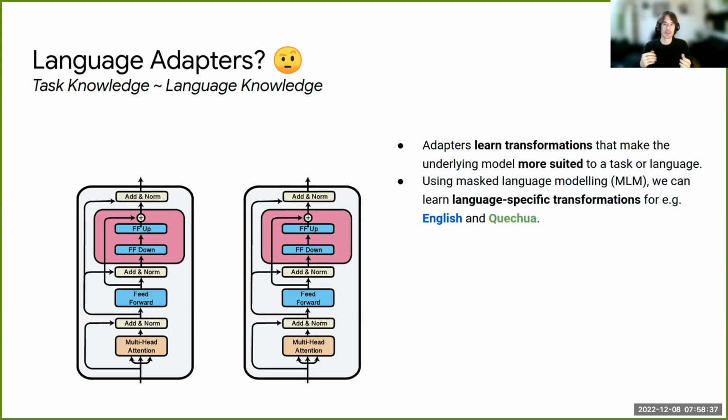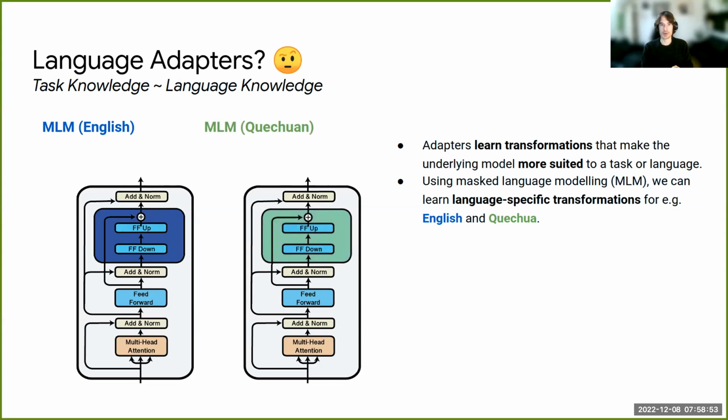So using masked language modeling, we can learn those language specific transformations, which do those transformations for English, Quechua, or any other language that you have already represented in the big models. So through doing dedicated MLMing on English or Quechua, we can learn those dedicated language adapters.